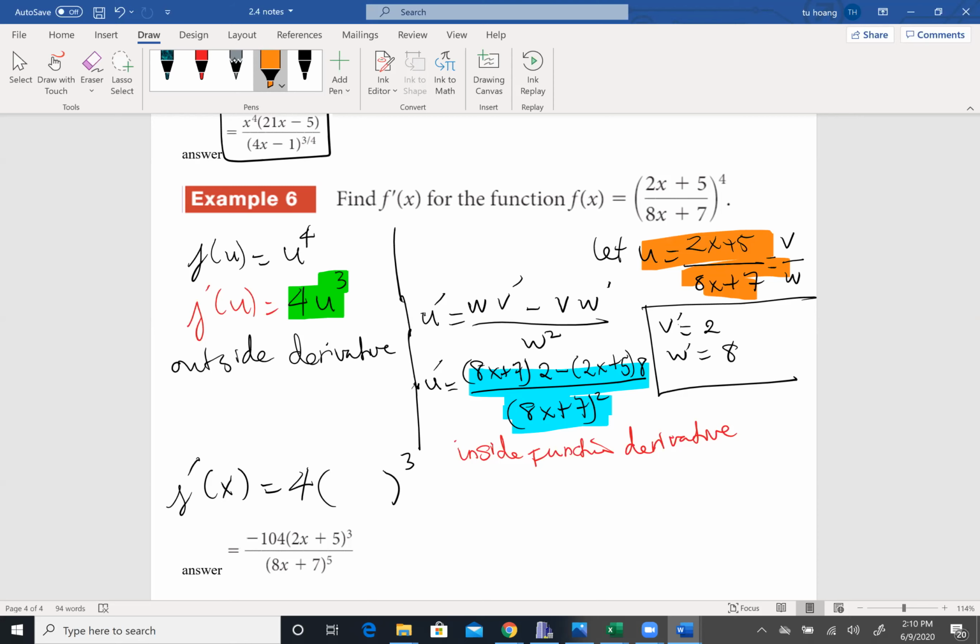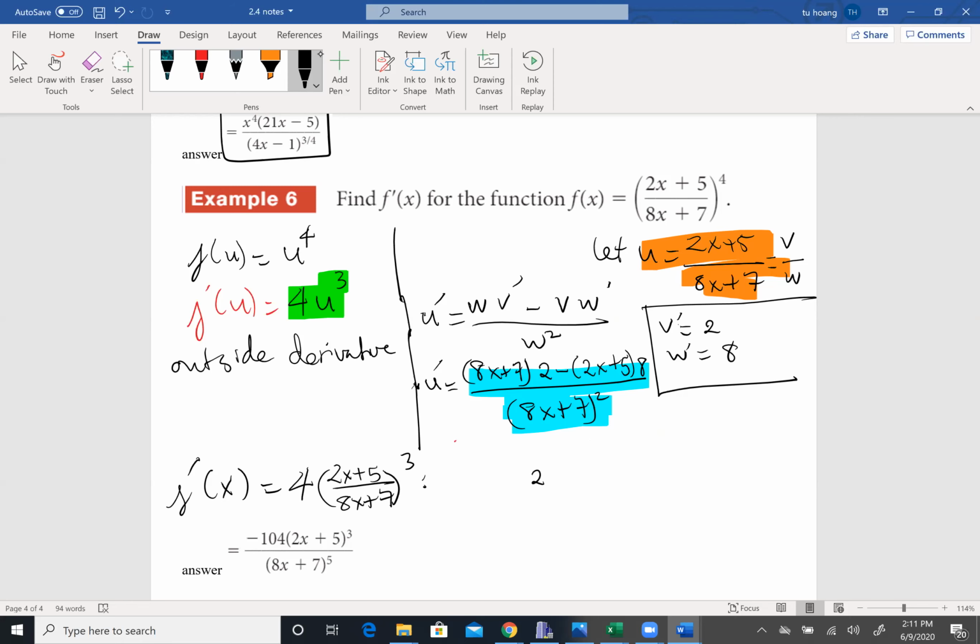Okay, so this is going to be rewritten as 2x plus 5 over 8x plus 7 to the power third, and then multiplied by the inside derivative. So I have a big one, 8x plus 7 times 2. I should combine that before moving to here. But let's see. Okay, I should combine that better.